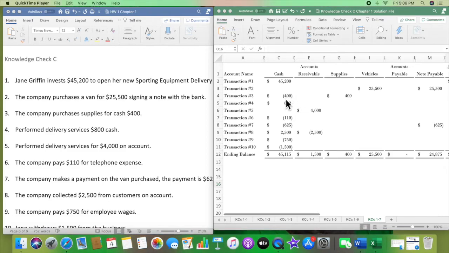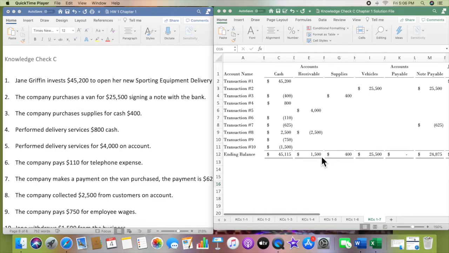So you put the parentheses around the 400 to indicate that it is a negative, right? And we have our supplies account increasing of $400 because it is an asset. It is something of value within the organization. So we have $400 under the supplies account, and that's an increase.